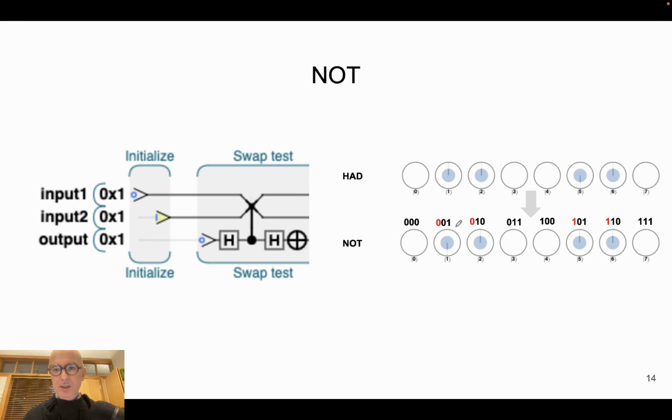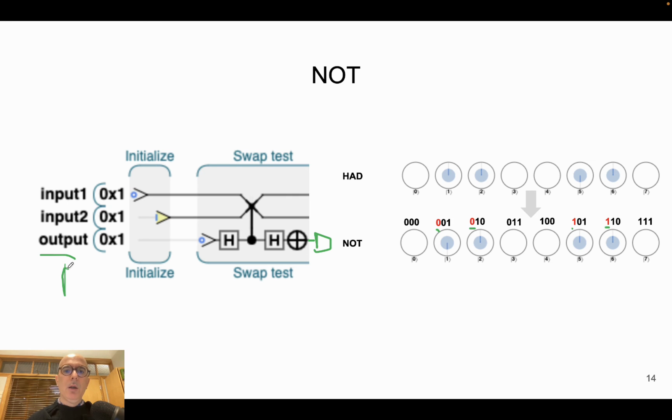If we then apply the Hadamard operation, the NOT operation, and then do a measurement on the third quantum register, so here is 0, 0, 1, 1, we see that the probability of measuring either 0 or 1 on the output quantum register is the same, so 50%.